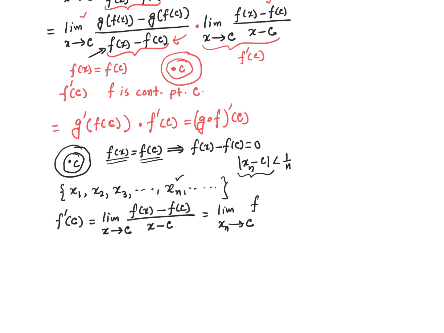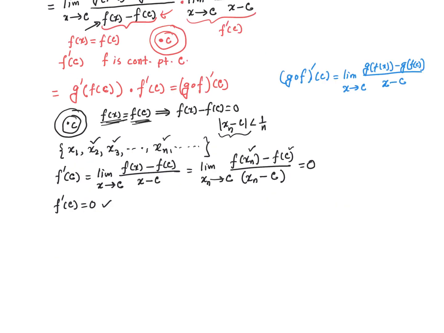That means it's going to be f of xn minus f of C divided by xn minus C. However, keep in mind that f of xn is equal to f of C because these are the points where f of x is the same as f of C, which means my derivative is nothing but 0. So my f prime of C is equal to 0. This is an important conclusion that we will need later on.